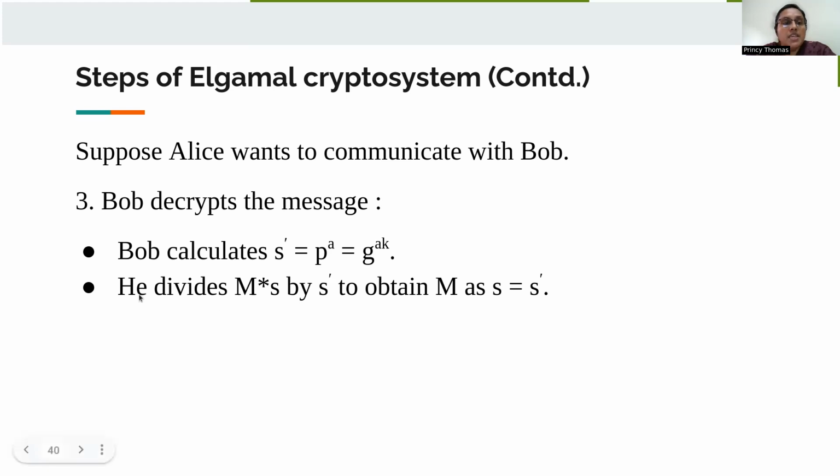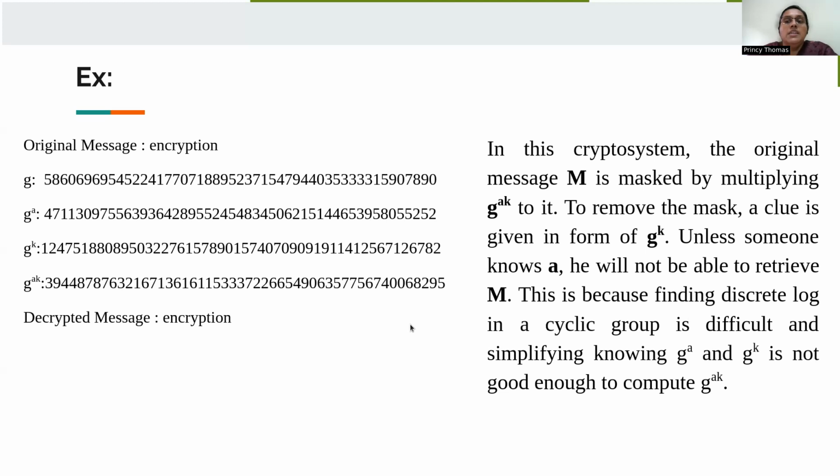Then he takes the message he has got, M into S, and G raised to AK is equal to S dash, which he has calculated, and that is also equal to S. So to remove S, all he has to do is divide M into S by S dash, and he will get the original message because S and S dash are equal. Both are G raised to AK. Okay, so this is the method by which the message is calculated.